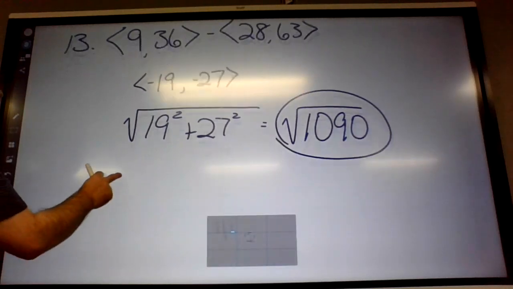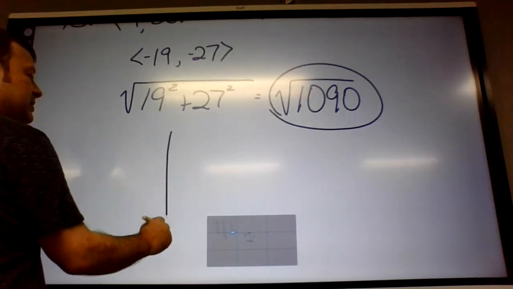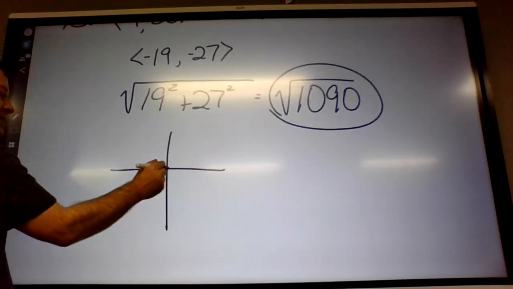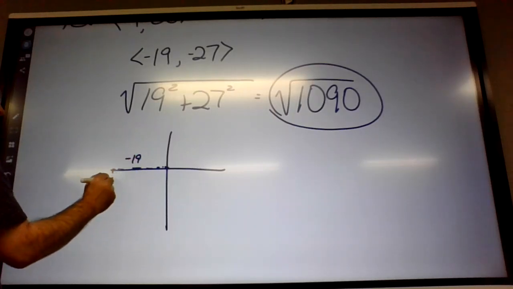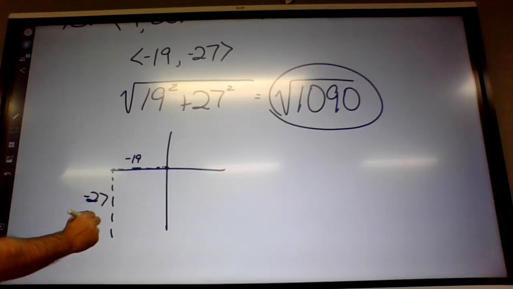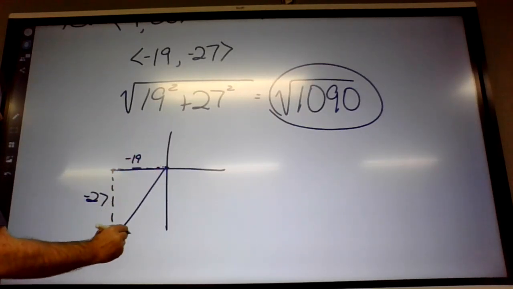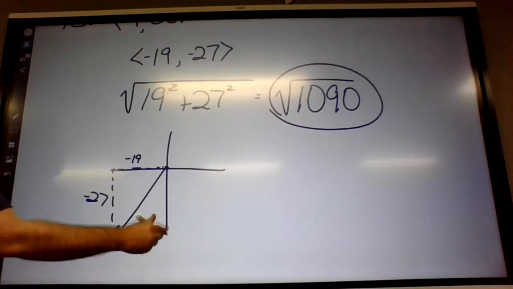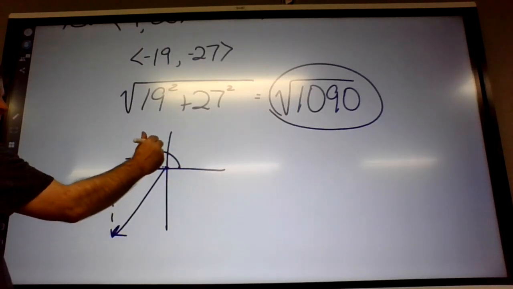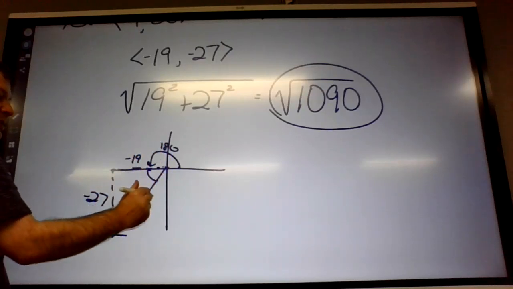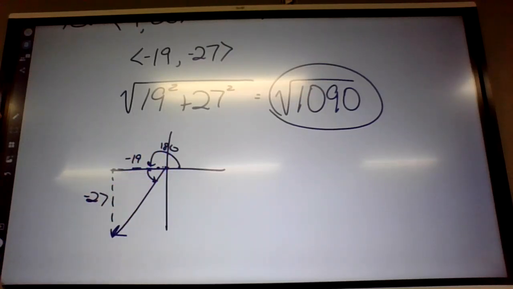Okay, where is vector negative 19, negative 27? Well, negative 19 tells us it's going this way. Negative 27 is going this way. So actually it's kind of like the last problem. The vector's in the third quadrant. So we're going to have to do tangent inverse, but then we're going to have to do 180 degrees plus this angle to find the direction.